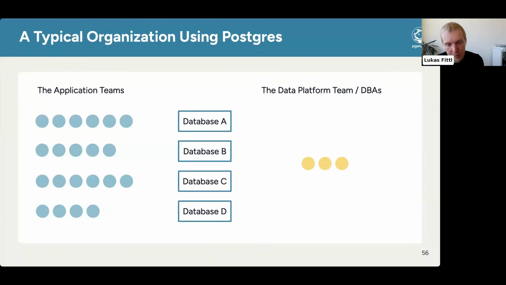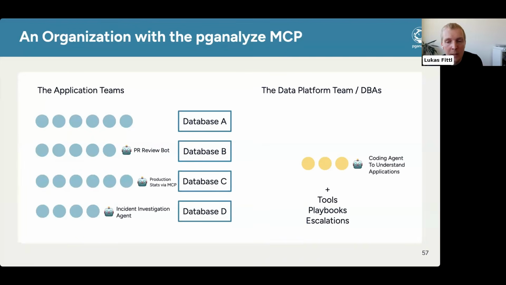And this can also transform how organizations work. If we take this picture from earlier, we're not replacing the data team. We're just giving everybody more ability to do certain things. The application teams can have PR review bots that have context of production data or production sizes of tables. The data platform team can use a coding agent to understand the applications and make changes.